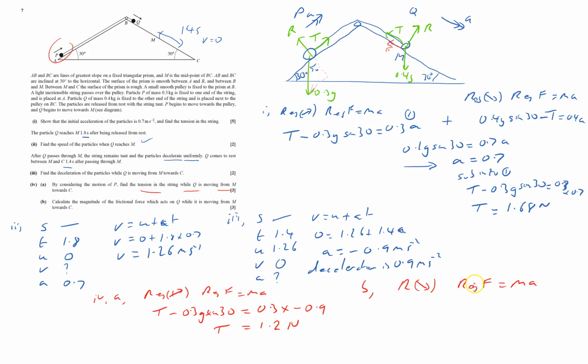The resultant force: I've got this component of the weight, so 0.4 g sine 30, minus the tension, which I just worked out as 1.2, and I've got friction also going up the slope, so minus F, equals my mass, which is 0.4, times negative 0.9, because that's the acceleration. If I work that out, that comes to F equals 1.12 newtons.